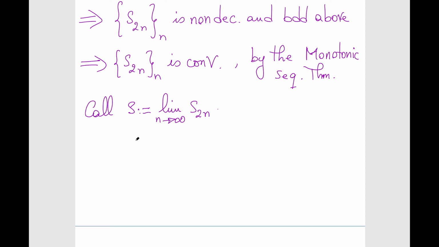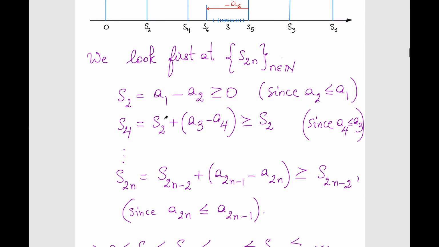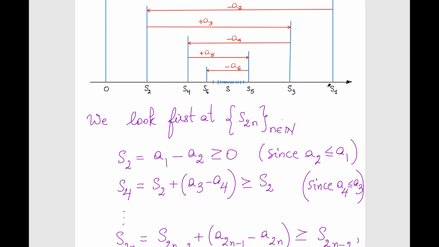Now we know the sequence of even partial sums is going to converge. As we discussed based on the picture, how about now showing that the sequence of odd partial sums is also convergent to the same number S?